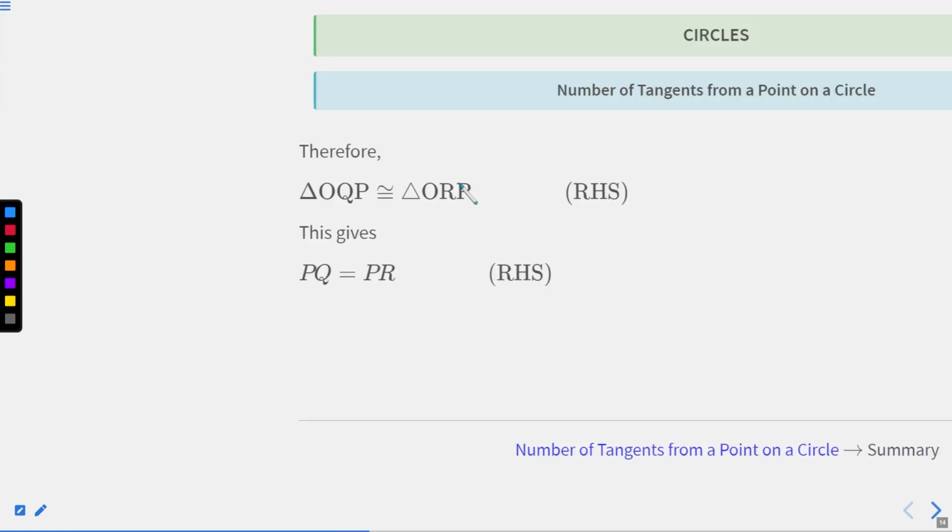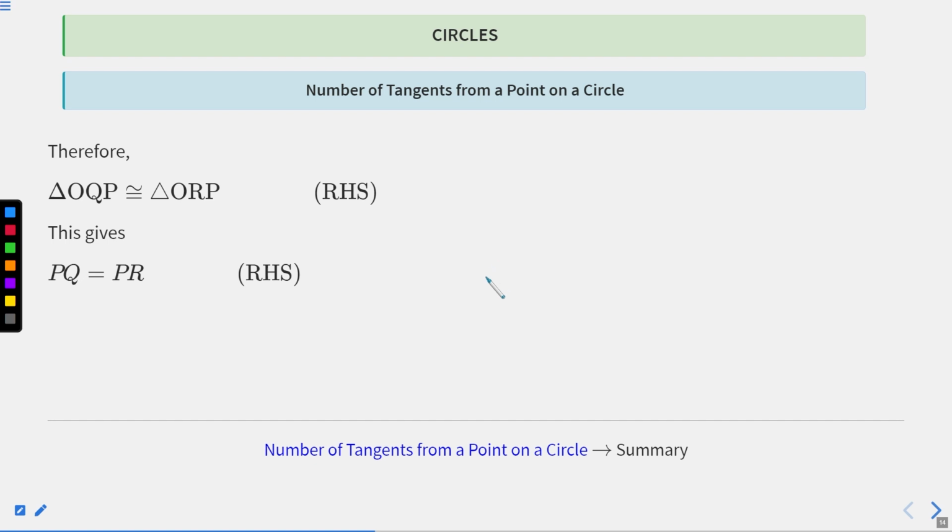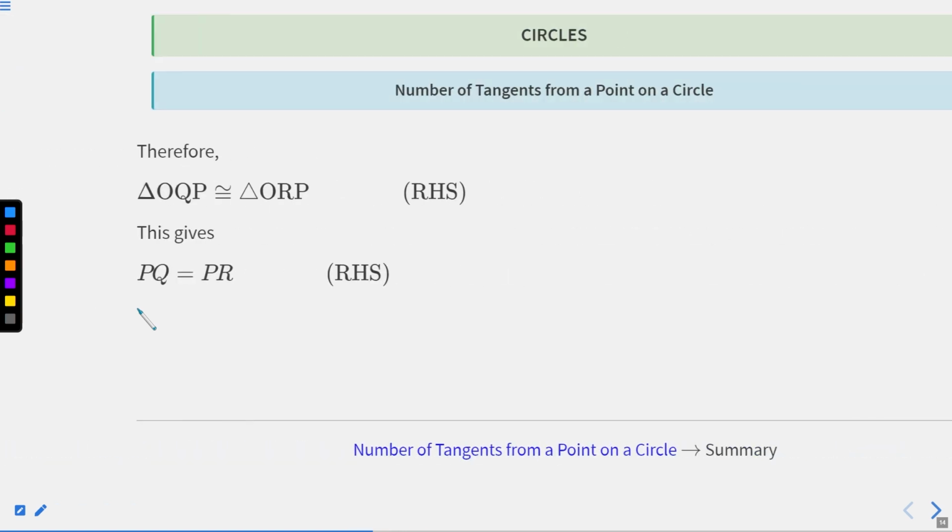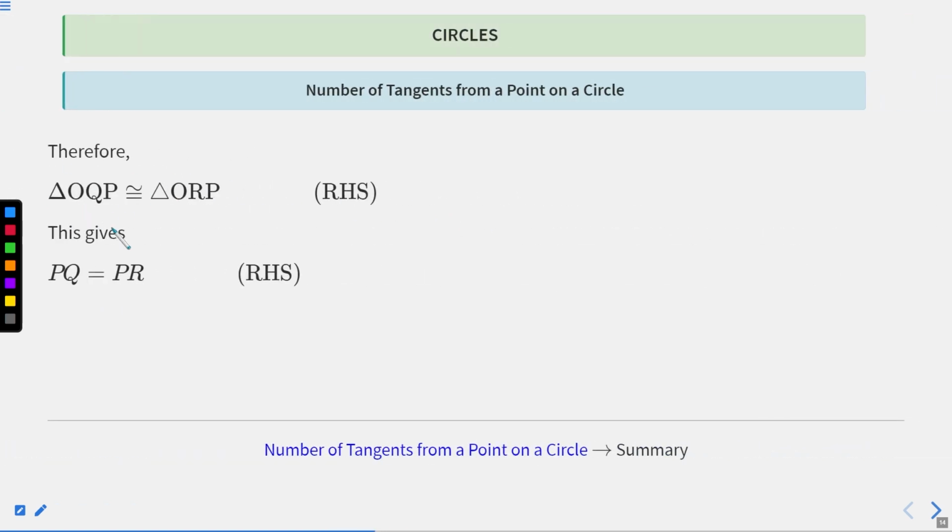So triangle OQP is congruent to triangle ORP, and this gives us PQ is equal to PR, because they are corresponding parts of congruent triangles.